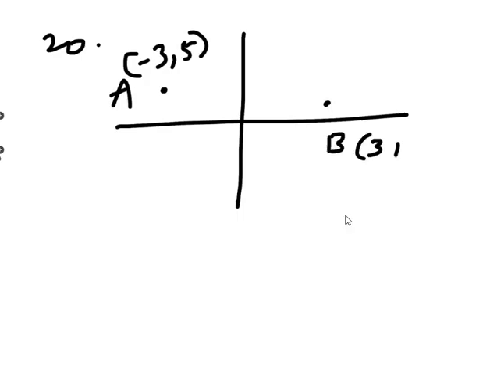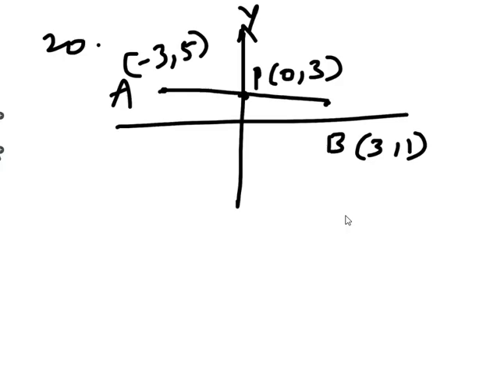P is (0, 3), and P is the midpoint of line AB.